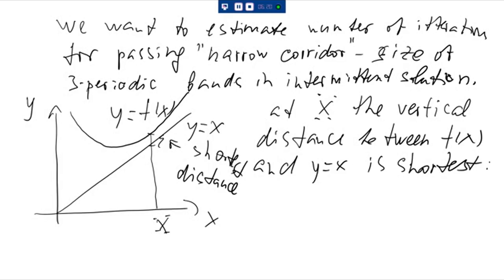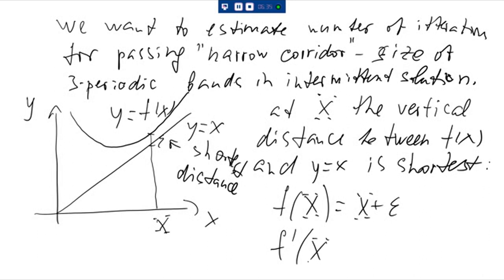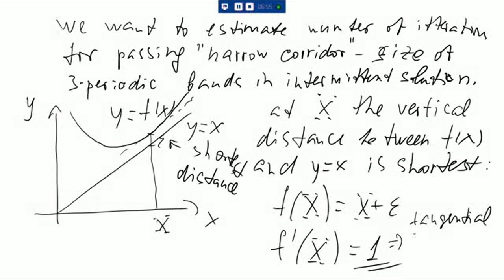So we can put it like this: f at x capital will be equal to x capital plus epsilon. And even more, the derivative of f at x capital should be equal to 1, because the tangent to our line here should be parallel to the diagonal line.